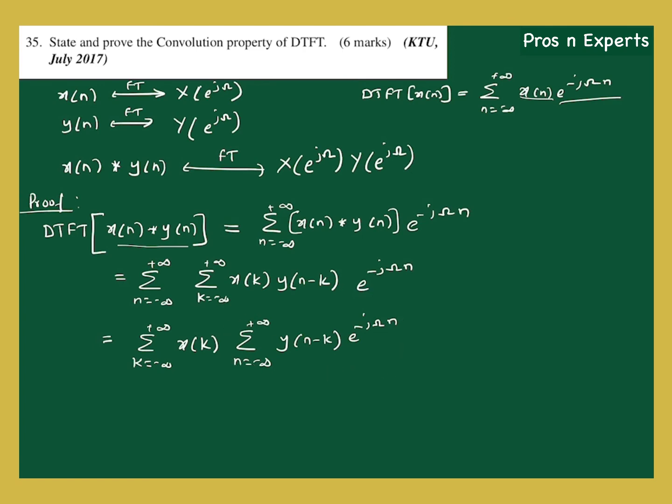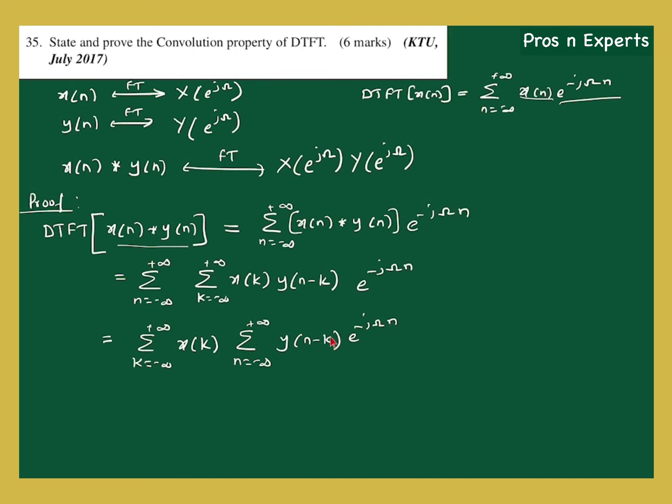What is this? You have to make note that here the signal variable is n. So if this is a signal, then the independent variable is n. So k is a constant. Here also n is the variable, there is no k, so this k is a constant.